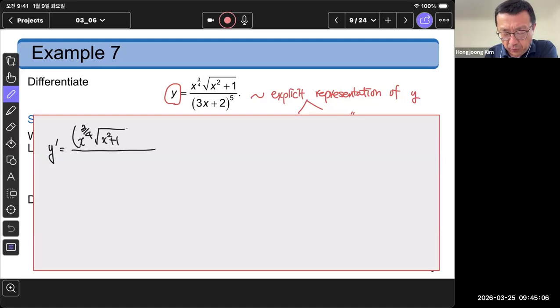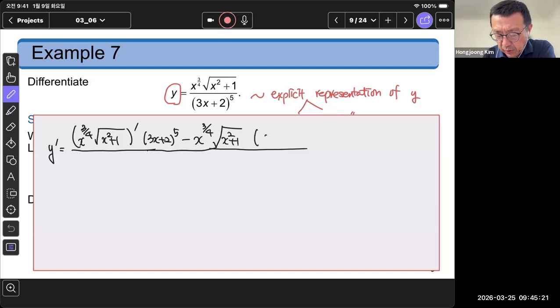So you first differentiate the numerator, multiply by the denominator, minus the original numerator multiplied by the derivative of the denominator, over the denominator squared.